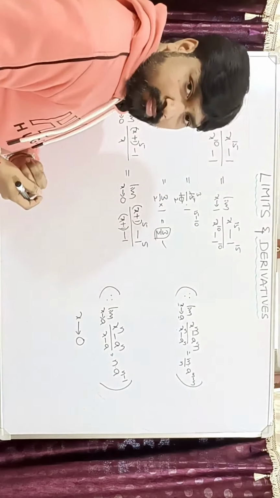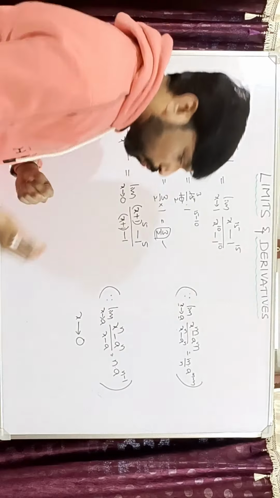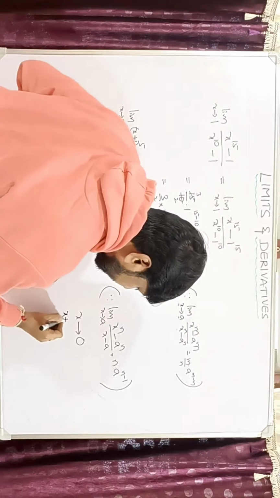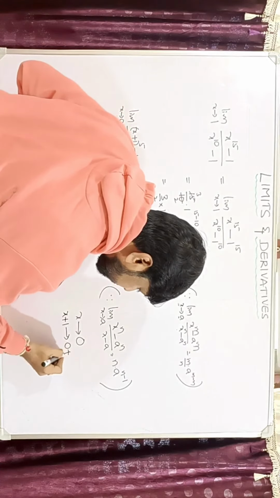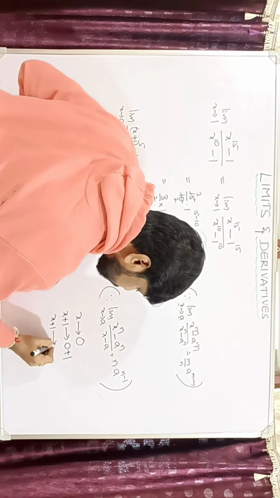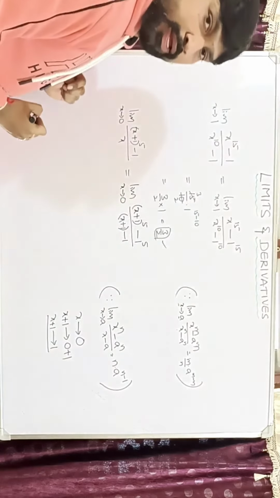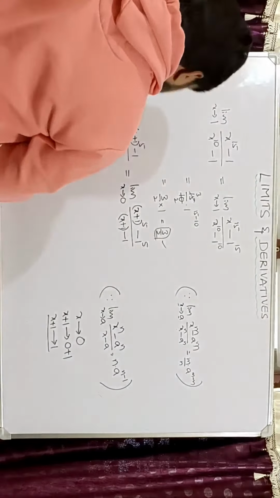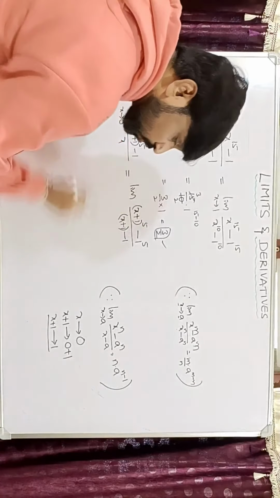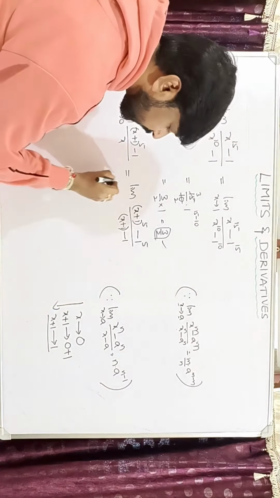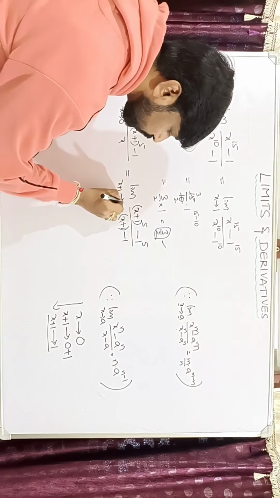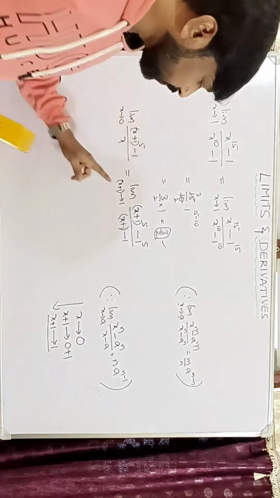If you add 1 on both sides, you get x plus 1 tends to 0 plus 1, so x plus 1 tends to 1. Now x tends to 0 can also be written as x plus 1 tends to 1.